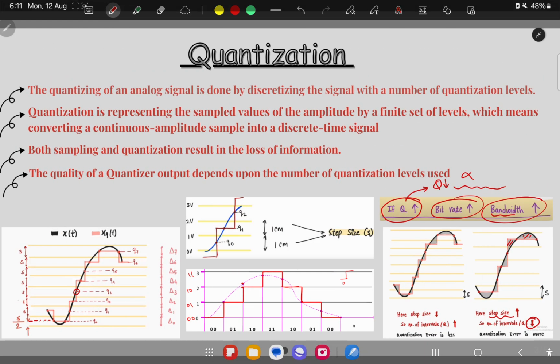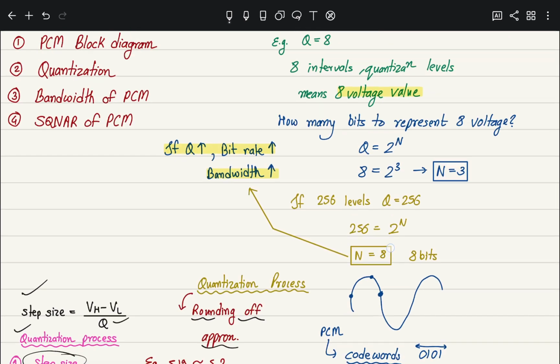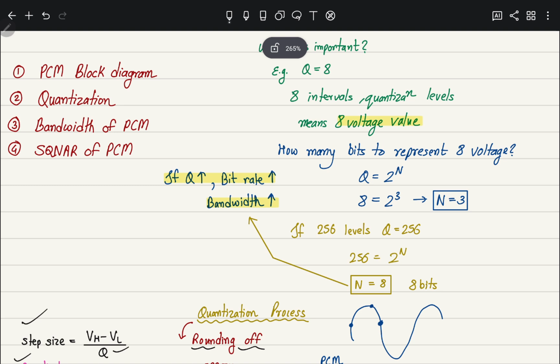Let me get back a little. Why is Q important?